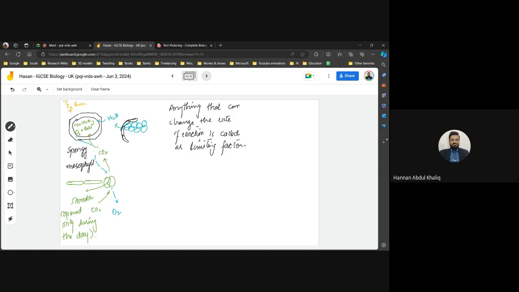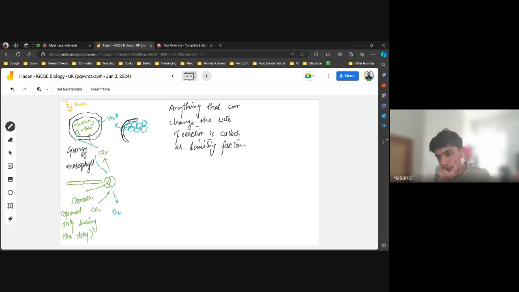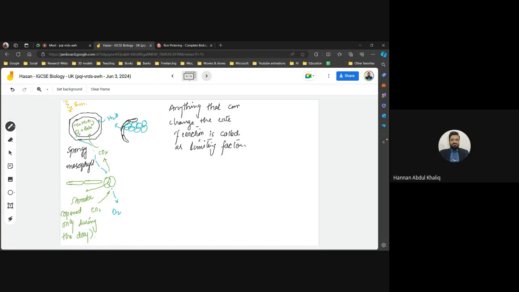Now, would you consider that the voltage is a limiting factor? Yes, I think so. The voltage is a limiting factor, definitely, because it is increasing or decreasing the final product, and that is the speed of the fan.